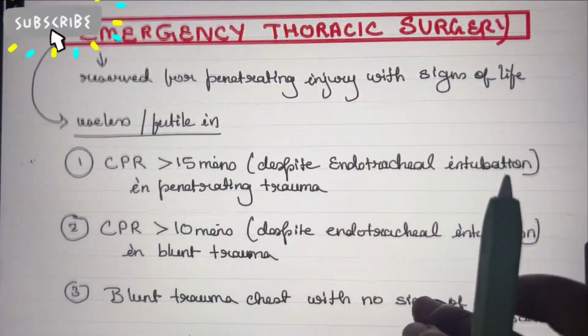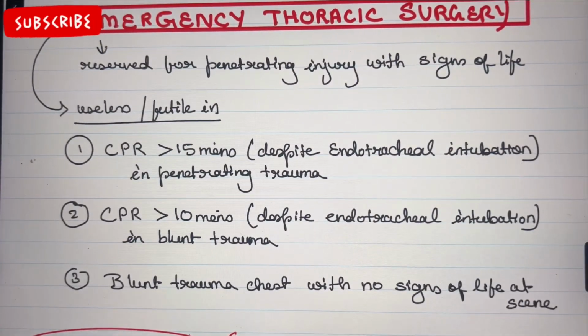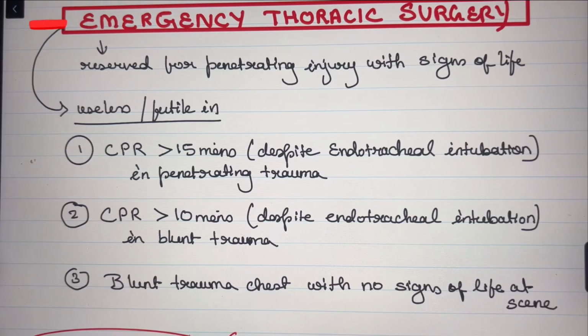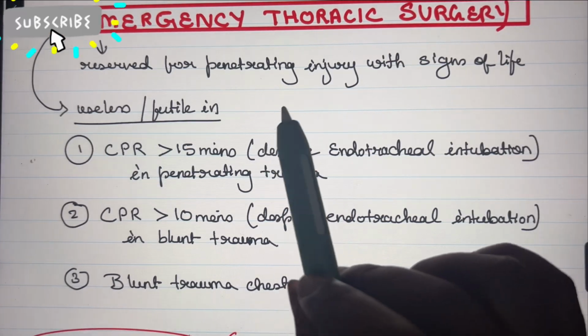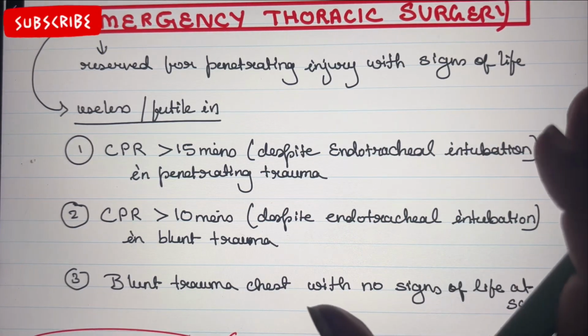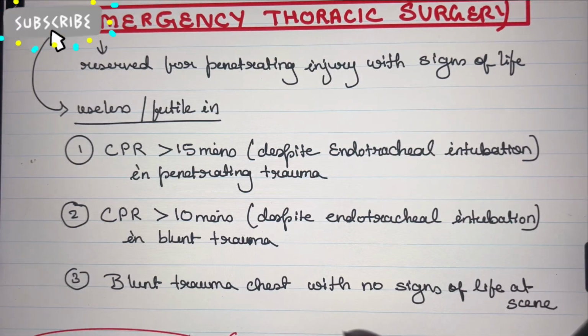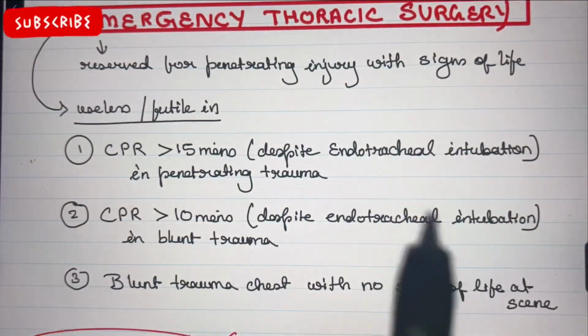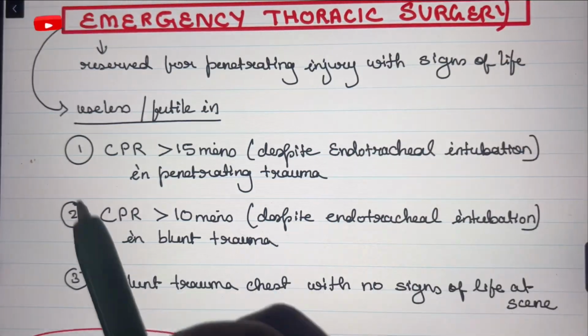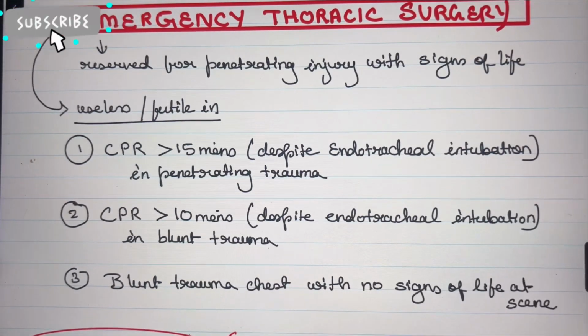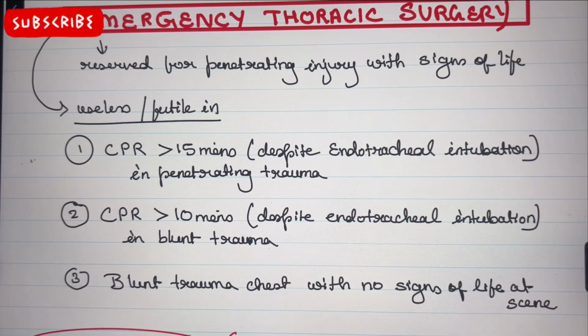Now we will see emergency thoracic surgery. Emergency thoracic surgery is reserved for penetrating injury with signs of life. If present, then emergency thoracic surgery is required. First we have to read when emergency thoracic surgery is useless or futile. We do not need to do emergency thoracic surgery all the time.